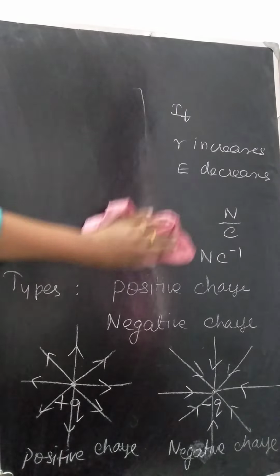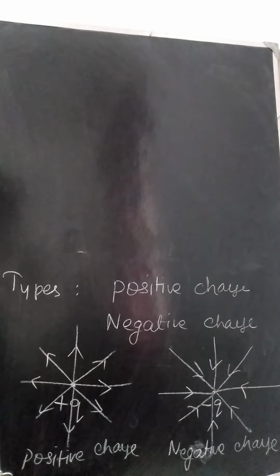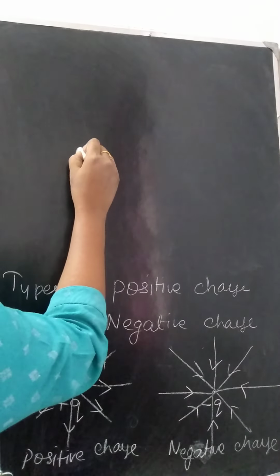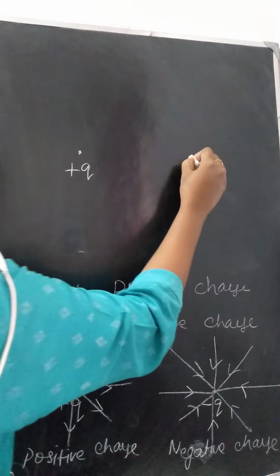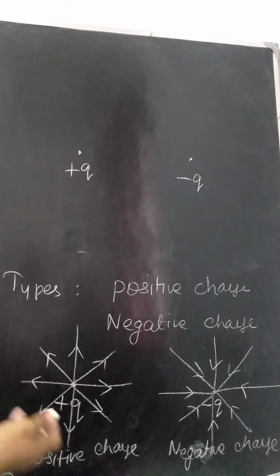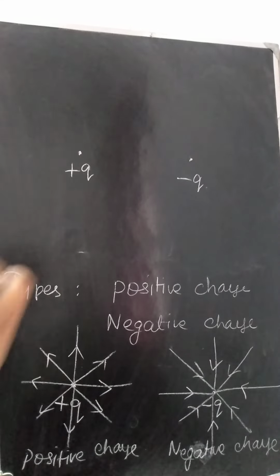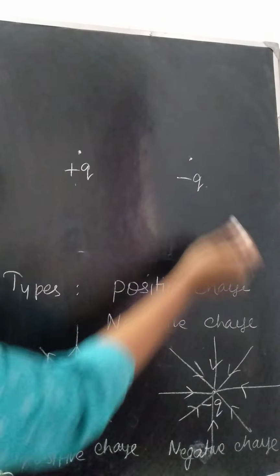Okay. If it is a pair of charges, the next topic will be that only, dipole. If I am having a pair of charges, one positive and another negative, then how do we draw the electric field lines? It starts from positive, ends at negative.